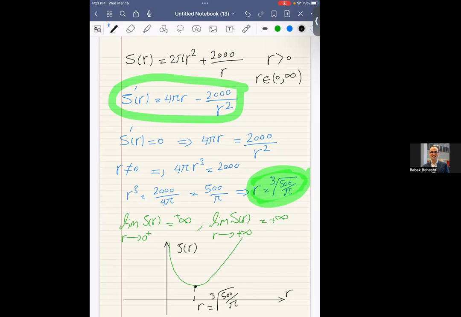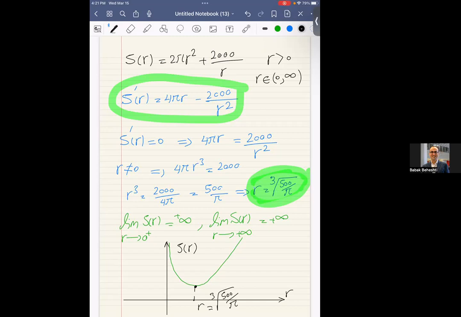So 500 over pi, this number is something about 500 divided by 3 is like 100 and something, and then the third root of 100 something would be about 5 or something.